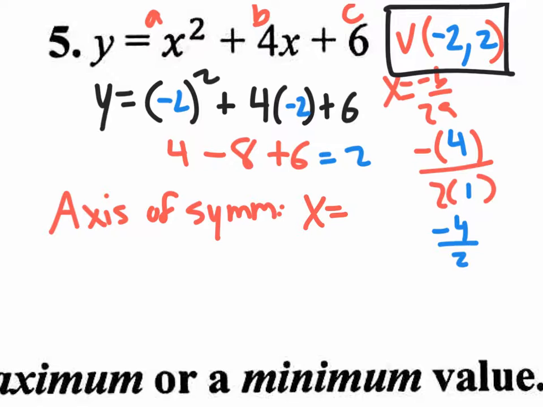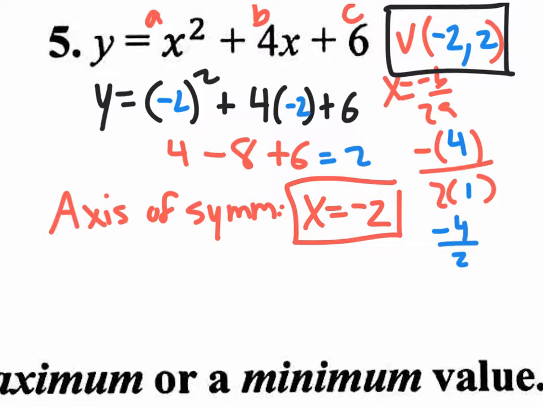So what's the x value of your vertex, guys? Negative 2. So guess what? That is the equation of the axis of symmetry. If you were to draw that, x equals negative 2, that would be the vertical line crossing right through the vertex.